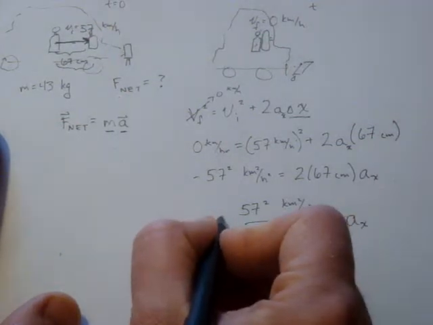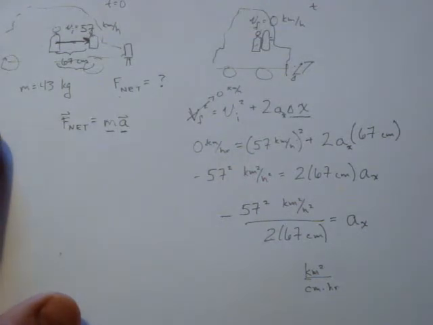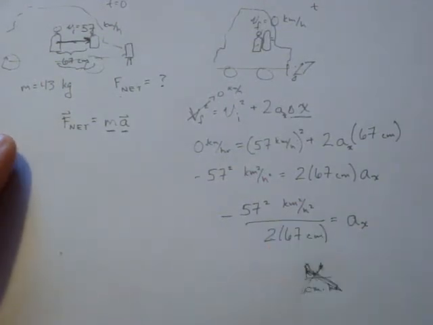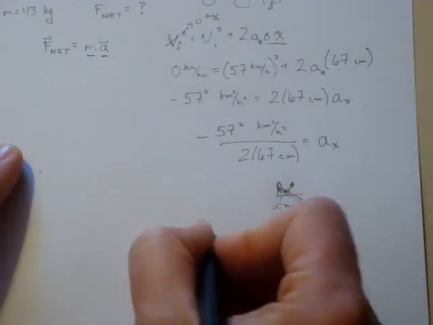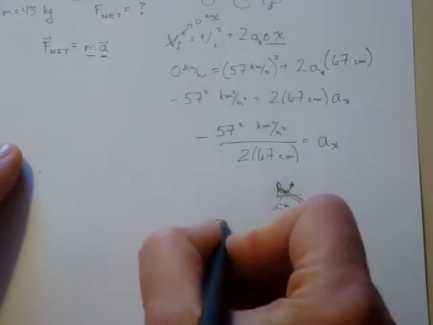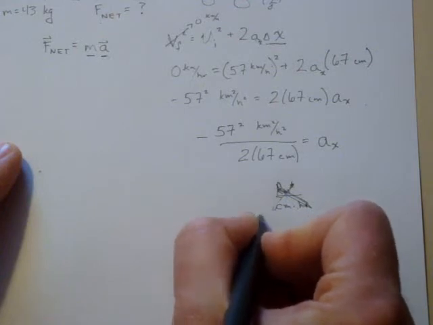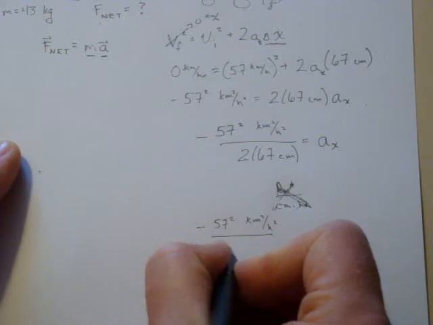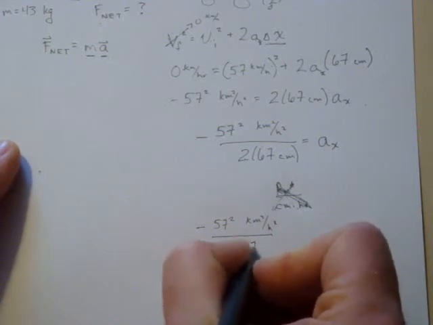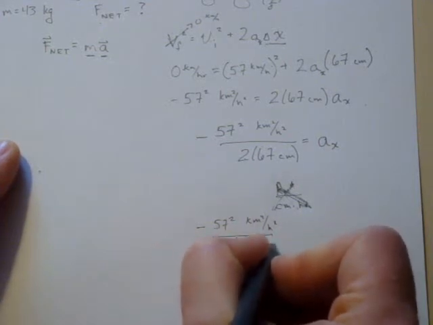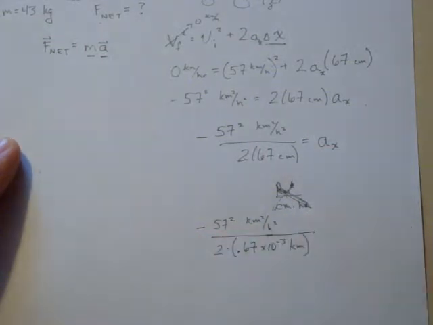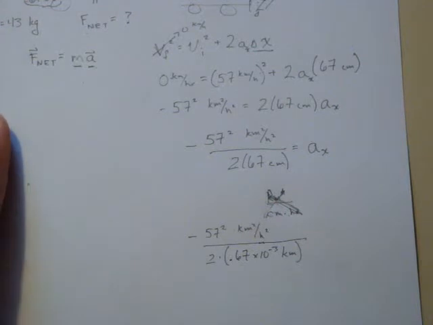Oh, there's also a minus sign here I forgot to add in. So, ignoring that for a moment, we'd have negative 57 squared kilometers squared per hour squared divided by 2 times 0.67 times 10 to the negative third kilometers. And you can do that as a conversion. I kind of did it in my head a bit, but you can double check that with your calculator.